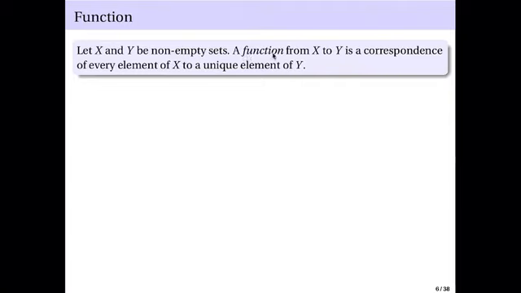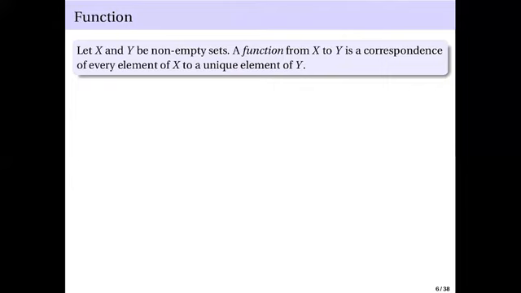We are defining a function here. And the correspondence is that every element of x is related to a unique element of y. So each element of x is mapped to a unique element of y.